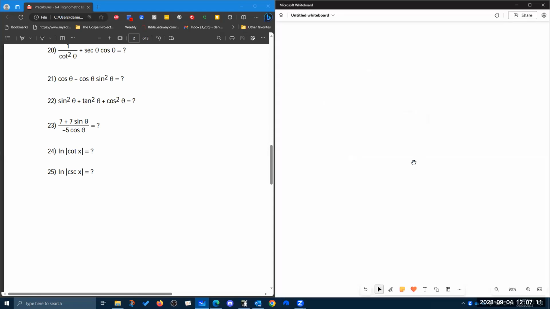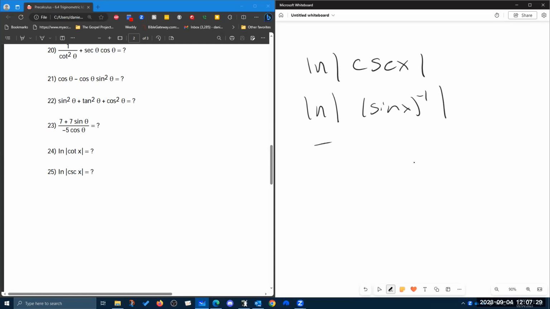And for the last one right now, ln of cosecant. Cosecant is the reciprocal of sine. So if I think of that as sine raised to the -1st power, not inverse sine, but sine to the -1st, then this can come out as a -1 ln of sine, like that.